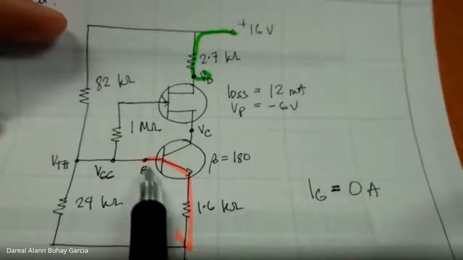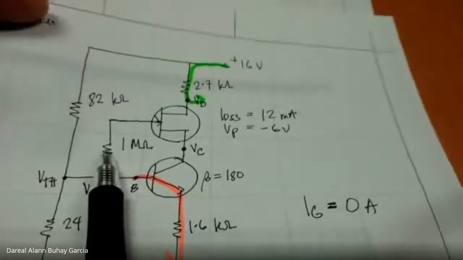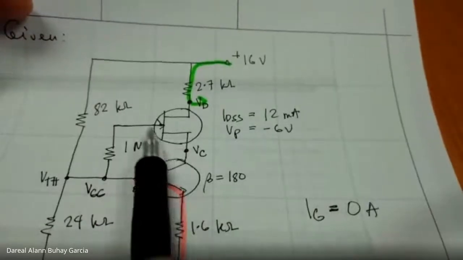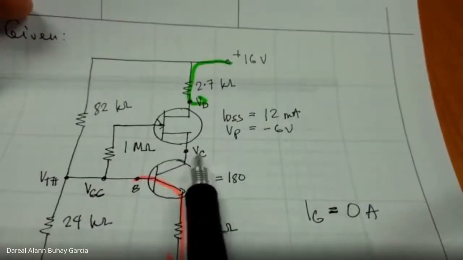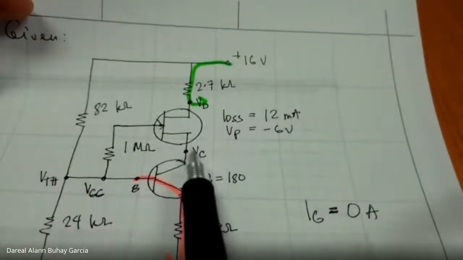So VGG is also equal to VB, which is 3.62. VGG minus IGRG, which is equal to 0, minus VGS. So dili kani. I think morning better nga route para makuha si VC.